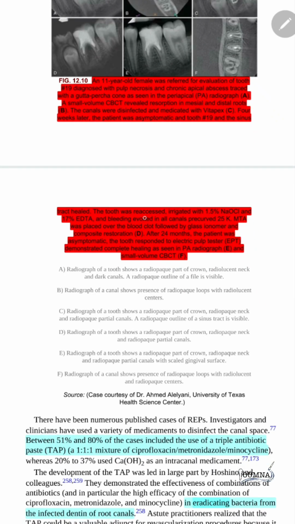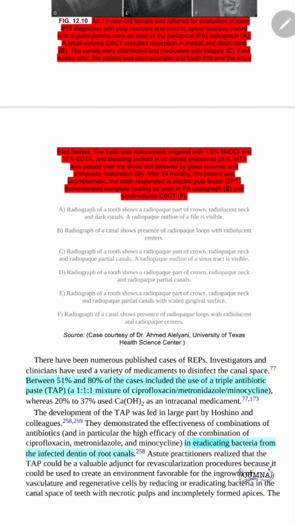Then the tooth was reaccessed and irrigated with 1.5% hypochlorite and ended by 17% EDTA. Then, after we dried the canal, we evoked a bleeding by a pre-curved 25 K file.